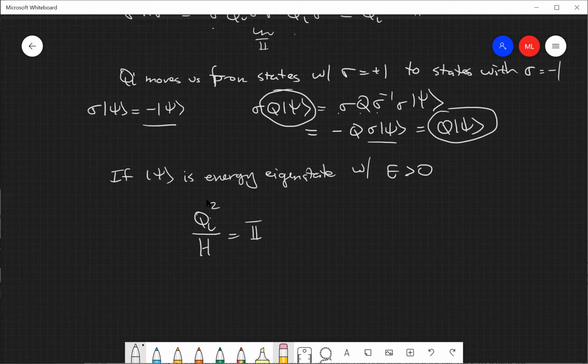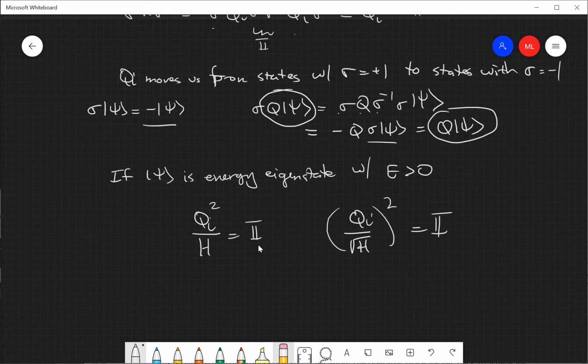And so we have this operator, which you can think of as Q_i over the square root of H, which acts like a projector. If we operate with it twice, we get back the identity. So this operator, Q_i over the square root of H, squared is equal to the identity.